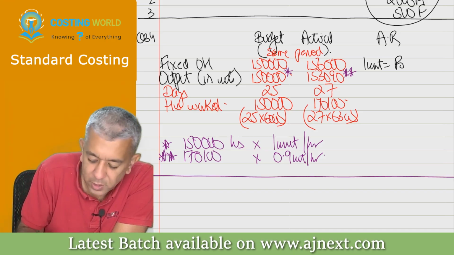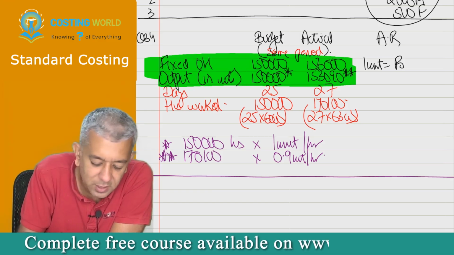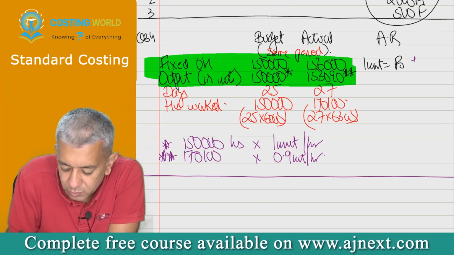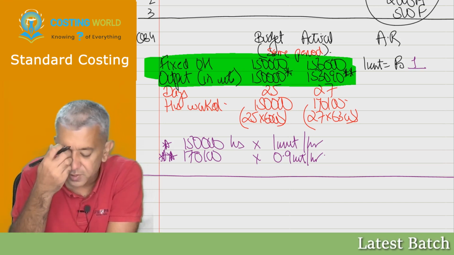Now, you just require beta this much amount of data. Okay, whatever I am highlighting, the other informations you don't require for variances. So 1 unit is equal to rupee 1, no? This upon this. Finish off your first 3 variances, please.